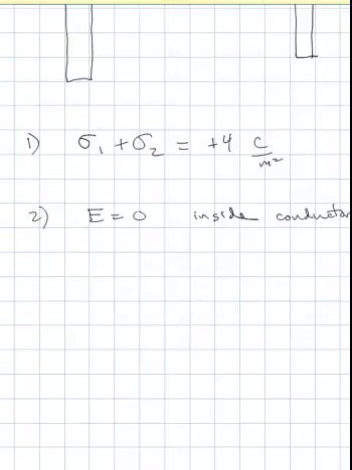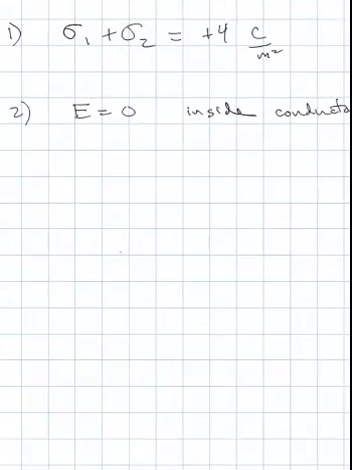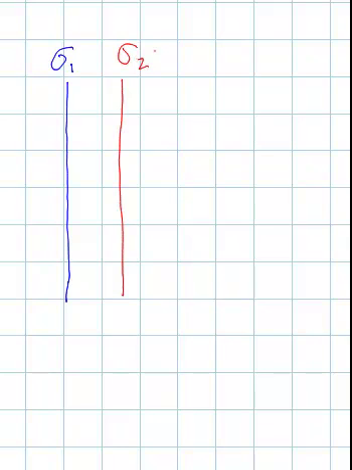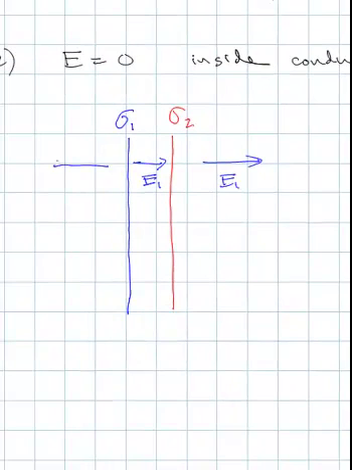So I'm going to treat these as if they're two insulating sheets, sigma 1 and sigma 2. And sigma 1 is going to create an electric field. I'll call it E1. That looks something like that. I'm assuming sigma 1 is positive now, but I don't know that for certain yet.